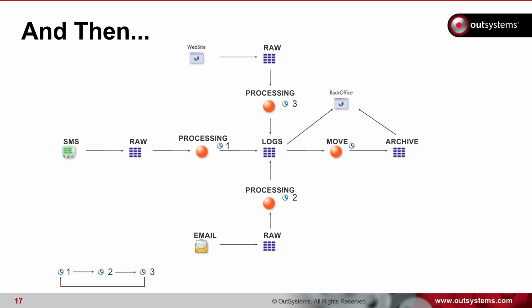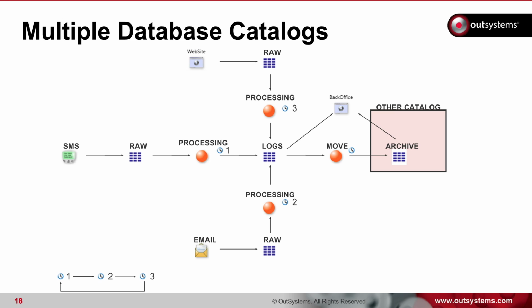According to common database practice and performance recommendations, which is applicable to any database, not only on the OutSystems platform, if you have this kind of problems of large entities, large tables in your database, you can have better performance if you split these large tables onto a separate database catalog. And the OutSystems platform supports this. There is the multiple catalog support.